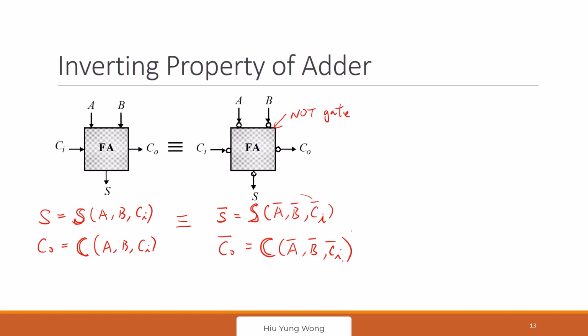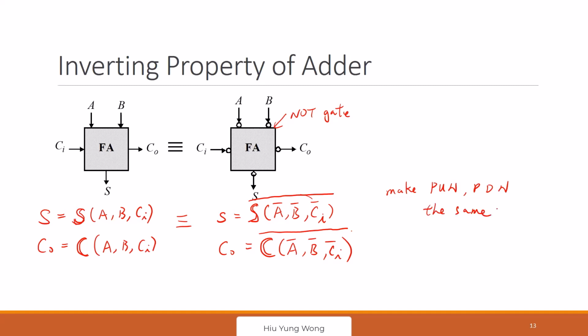But what is so important? Now, if I remove this one, put the bar to here. If you remember how you implement the pull down and pull up networks, you can make the pull down and pull up network the same.